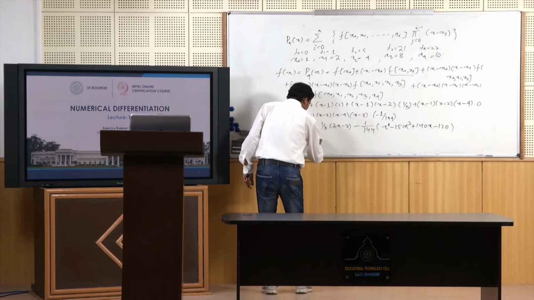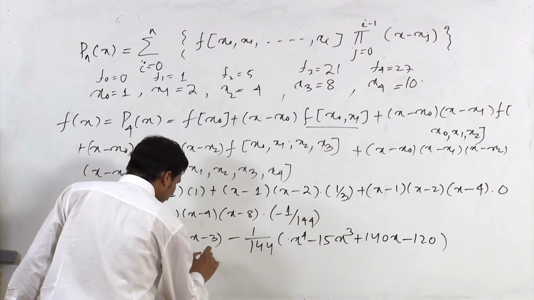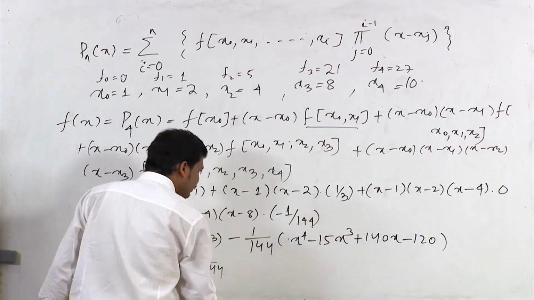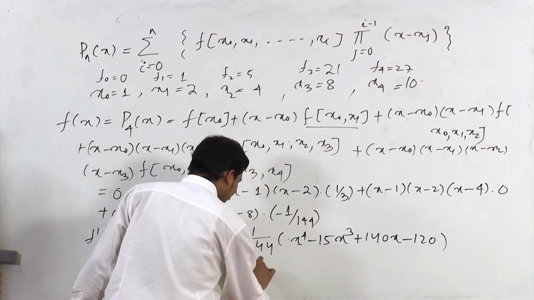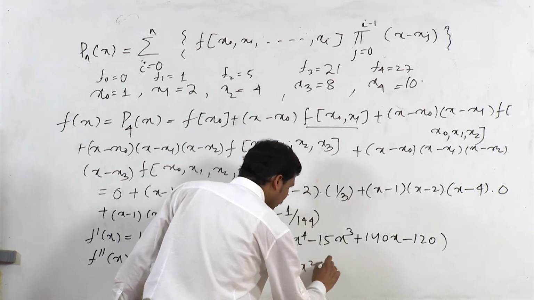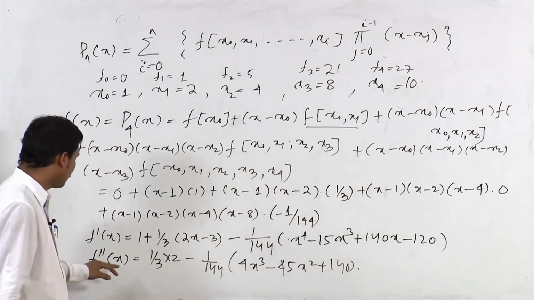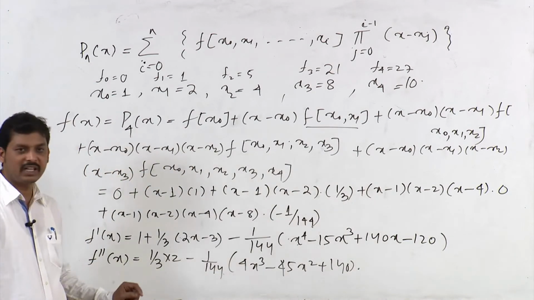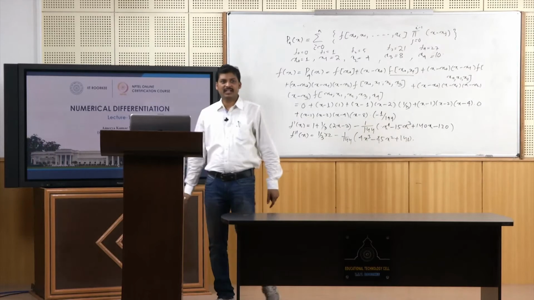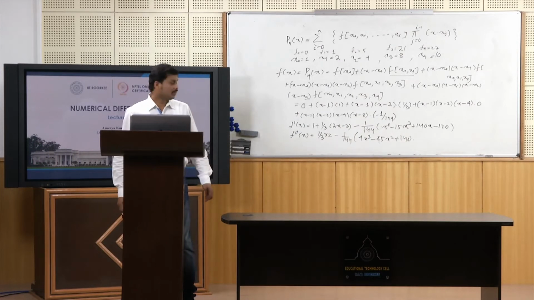The first term is 0 here, then 1 by 3 into 2, minus 1 by 144, then 4x cube minus 45 x square plus 140. And similarly if you put f double dash of 3, we can obtain the second order differentiation of this fourth order polynomial at the point 3.